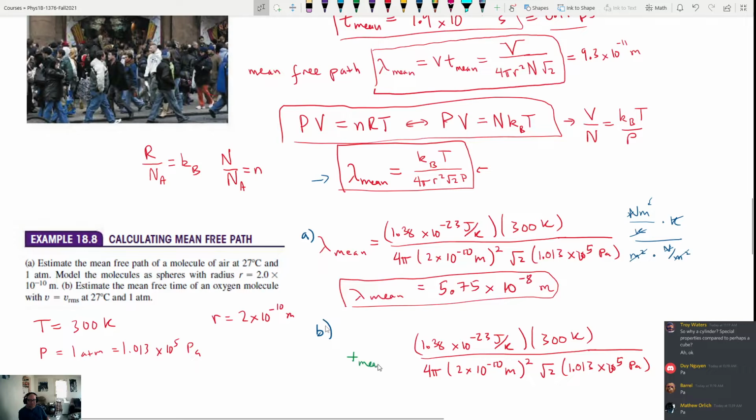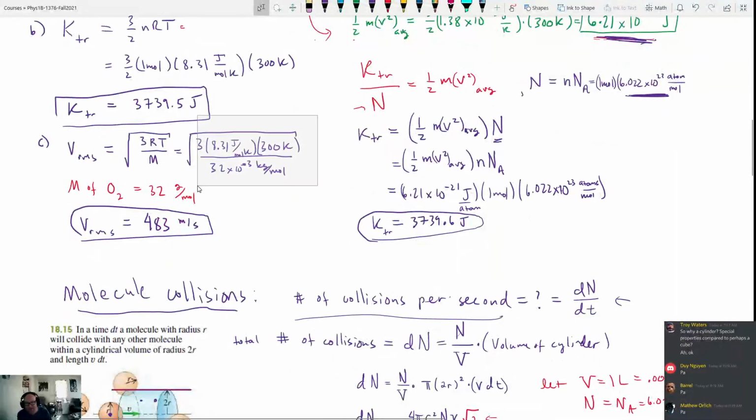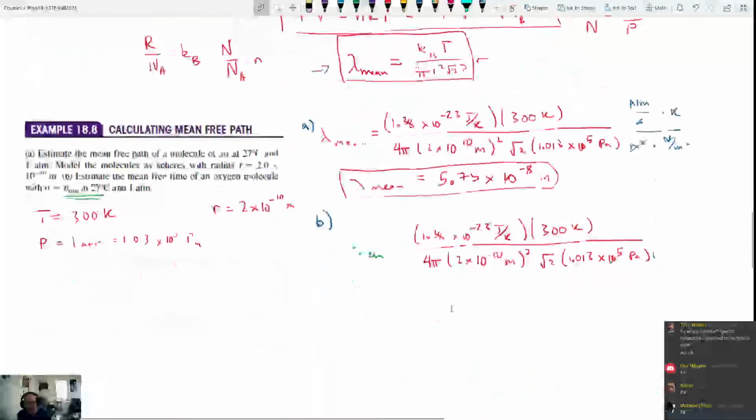T mean will basically be this over V RMS, which we should calculate now. We need V RMS for oxygen at 300 Kelvin. I think we already did that, right? Right here, yeah. So it's 300 Kelvin. We found that the RMS velocity was 483, so you can refer back to that.